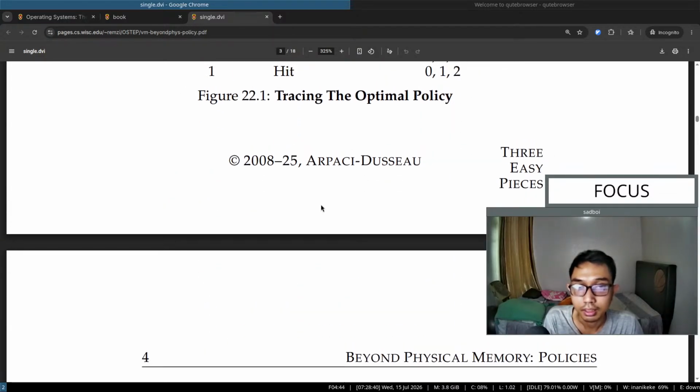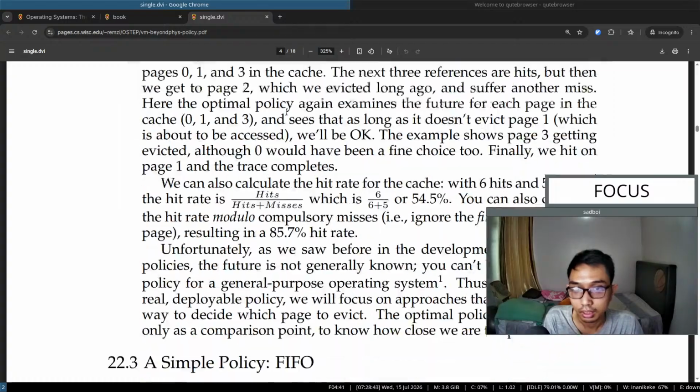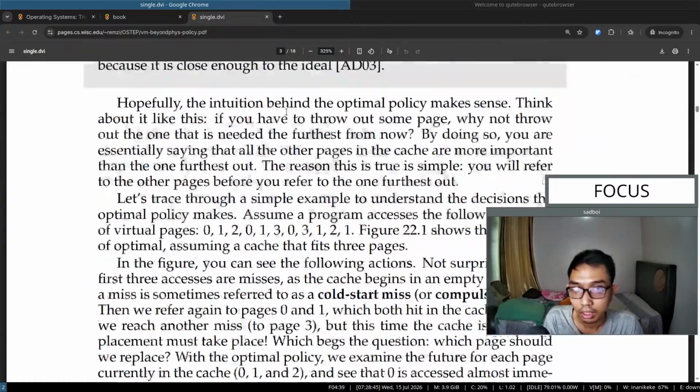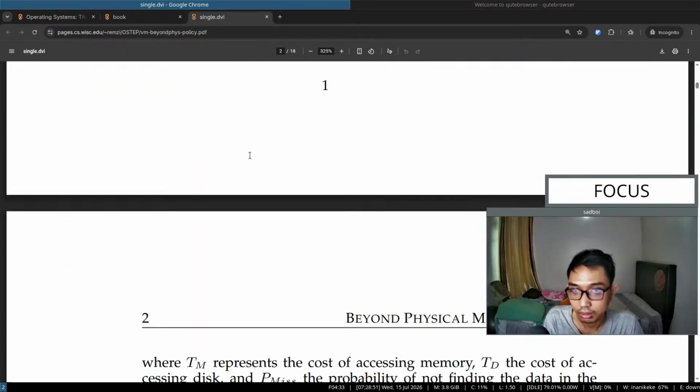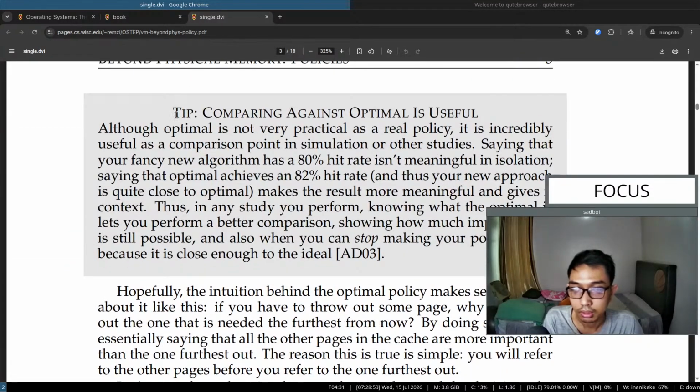Okay. Tracing the optimal policy. Let me read the tip. Comparing against optimal is useful. Although optimal is not very practical as a real policy, it is incredibly useful as a comparison point in simulation or other studies.